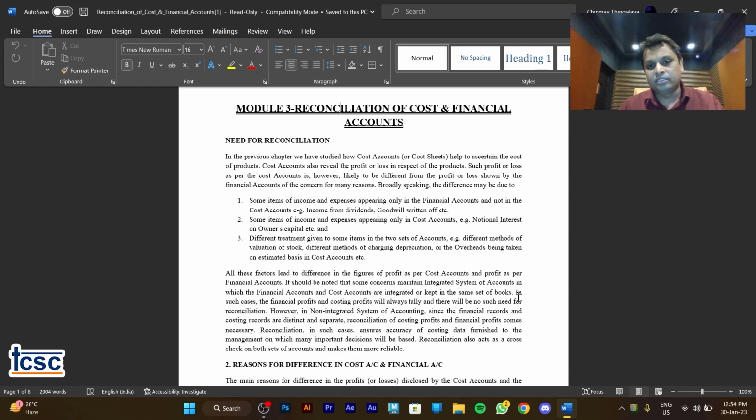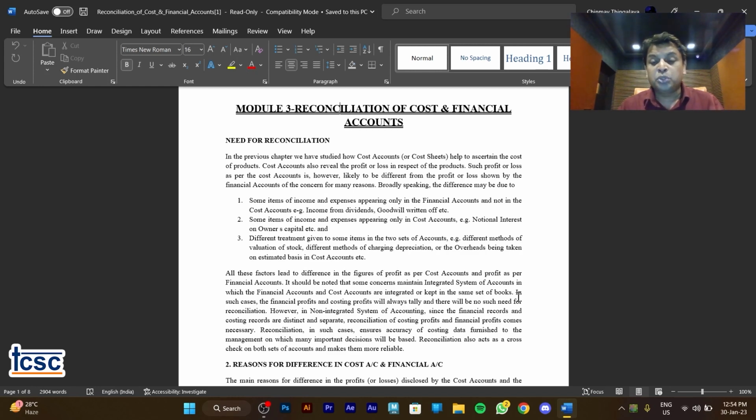So now we have some idea about what a reconciliation statement is. Again, I will brief you that a reconciliation statement is prepared to find out the reason for deviation. Reason for deviation means why the cost book is showing a profit of 50,000, while at the same time financial accounting is showing a profit of 80,000.